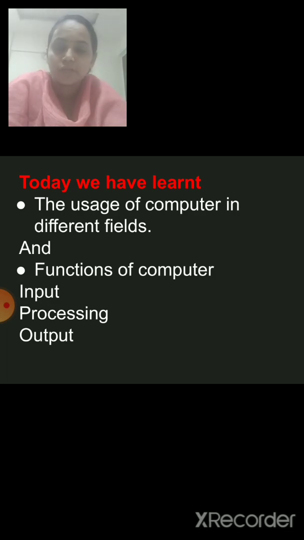Uses of computers in bank, in office, in defense, space and research. Everywhere, in education, in school, computers are used. And what is the function of a computer? Input, processing, output. Input is the data we provide to the computer, then it gets processed in the CPU, then we get the final result, that is our output.